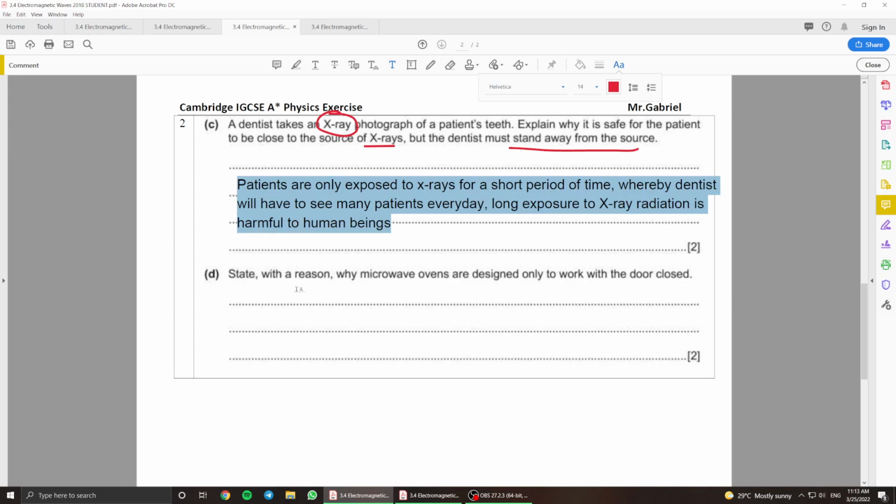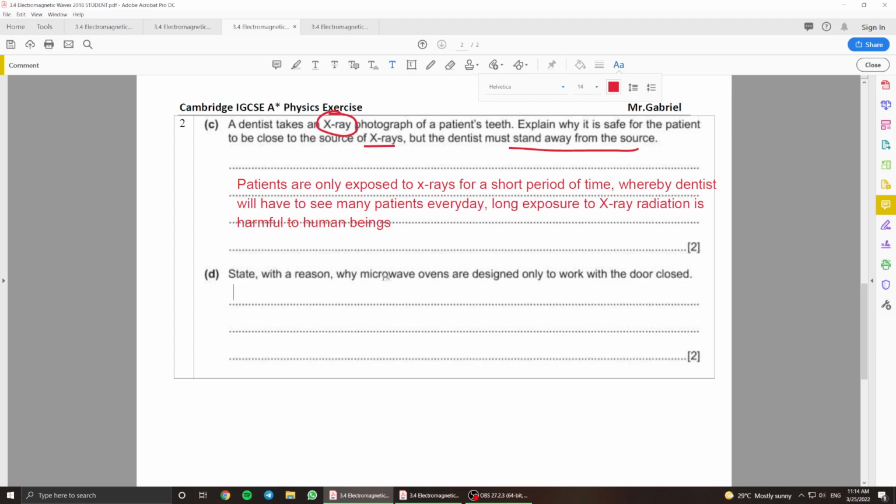Okay, state the reason why microwave ovens are designed only to work with the door closed. Obviously, microwave radiation is harmful as well, right? So you can only turn it on when it's closed, so that no radiation may escape the microwave oven.